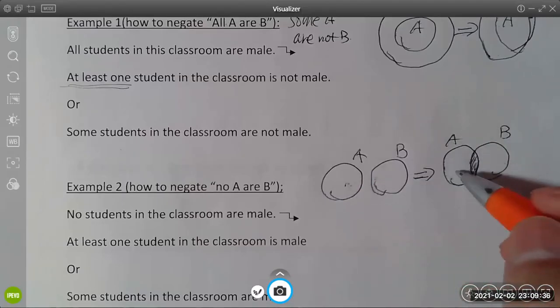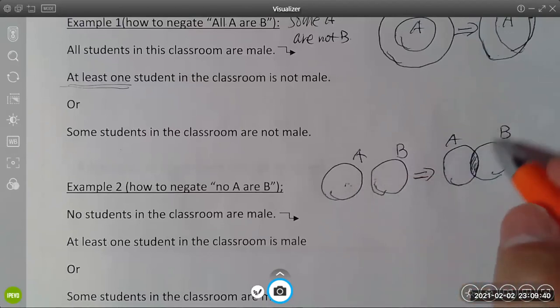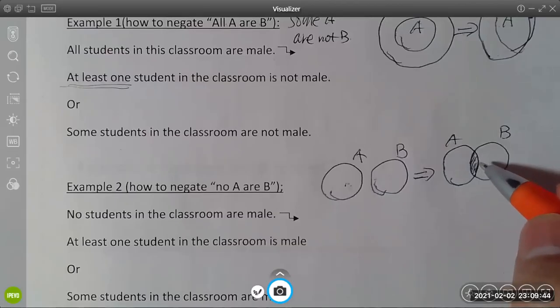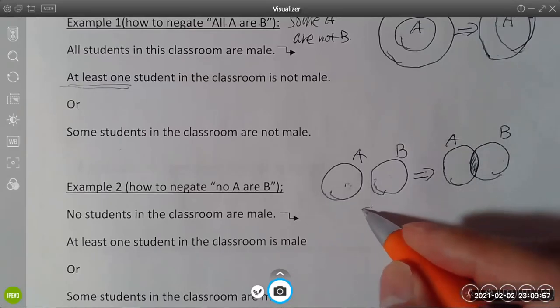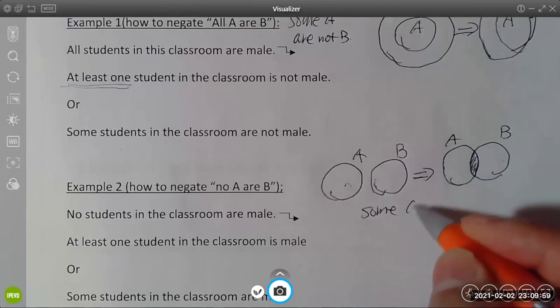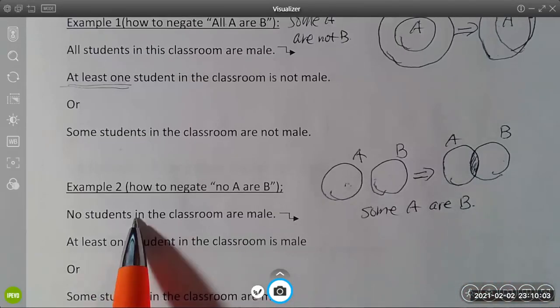You just move it enough so that it is false. So how to describe this part? This is some of A, right? Some of A are in B now. So the negation of no A is B is some A is B, or at least one A is B. Either way is okay. So I'm going to say some A is B. That's the negation.